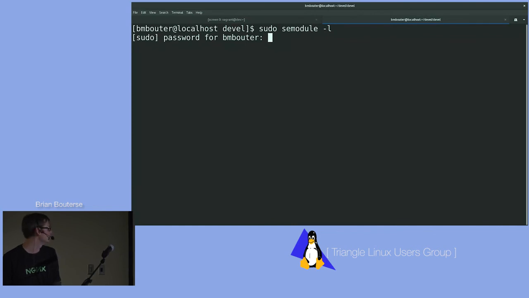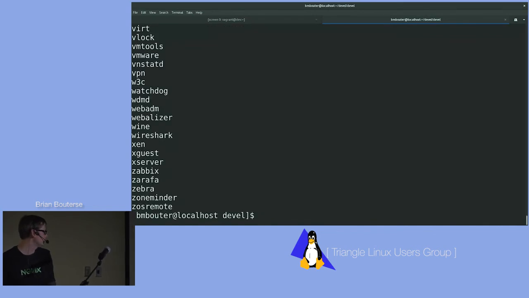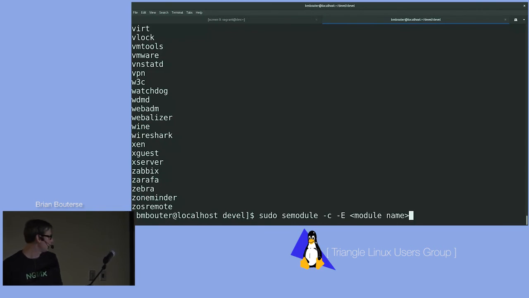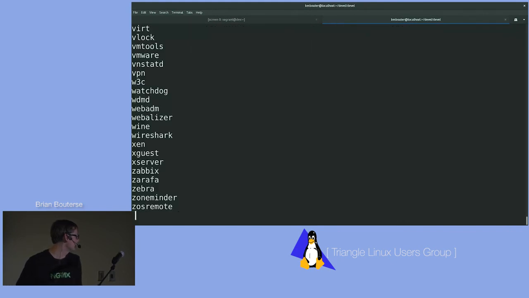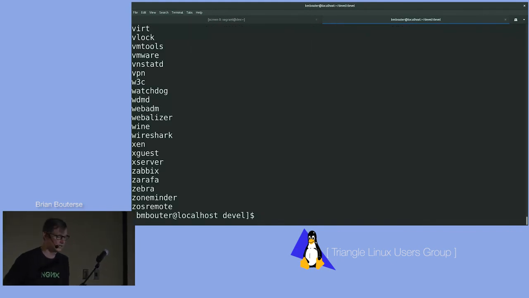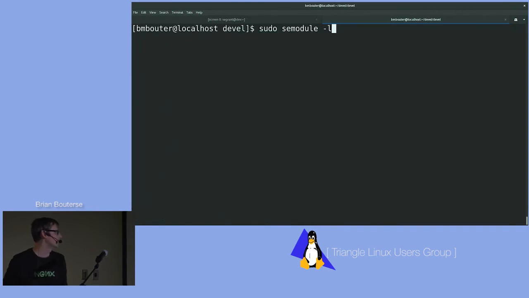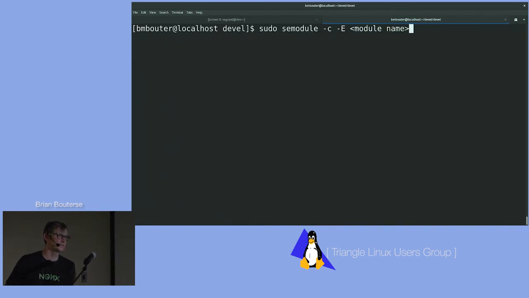You have to have sudo to read these things in targeted mode. So you can see there's a whole bunch of these here. What I'll do is look at Wireshark, for instance. I will tell semodule to give me a dump of the CIL file output, that is all the instructions and associated knowledge associated with the Wireshark policy.